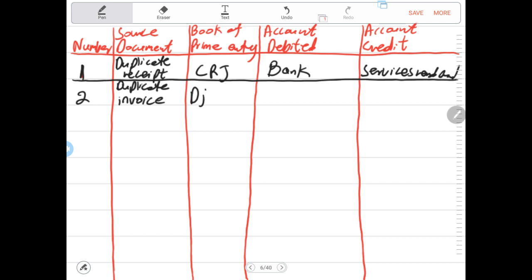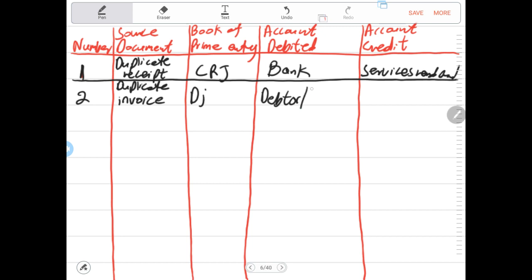Therefore, that is a debtor. Then it goes to the debtors journal, meaning the journal of the people who are owing us, called debtors. Account to be debited, we said it will be debtors, meaning people who are owing us money. They are increasing, and they increase on the debit side because a debtor is a customer.